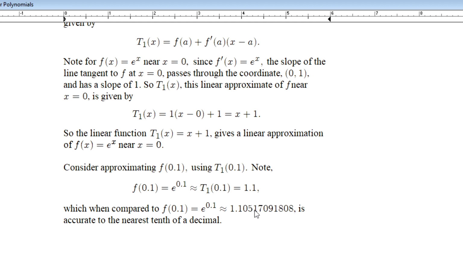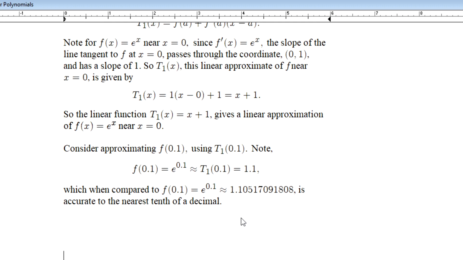But notice nonetheless, if we were to round to the nearest 10th or 100th, e to the 0.1 would round to 1.11, T would be 1.10. We're off by only about a 100th in value in our approximation, give or take a few extra decimals. All right? This is pretty accurate. In fact, we could say we're accurate out to the nearest 10th with this first approximation.